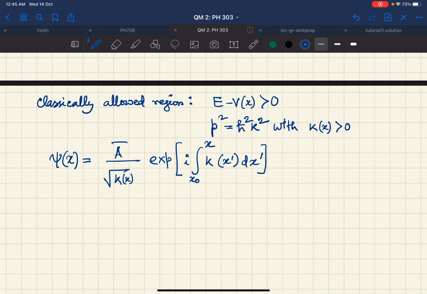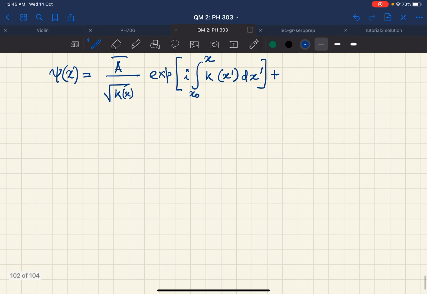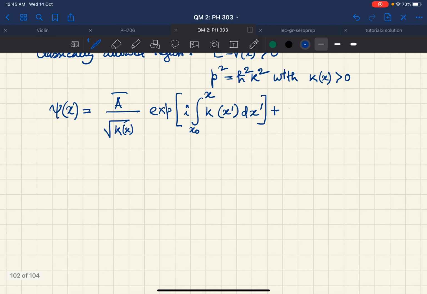This is the first term, but then you also have the negative term. So this is b bar by square root k of x into exponential minus i integral k(x') dx' from x0 to x.